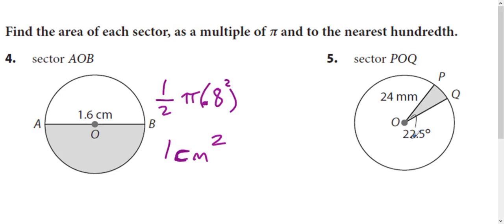Number 5, we've got the angle is 22.5. So it's 22.5 out of 360 times pi times the radius squared.